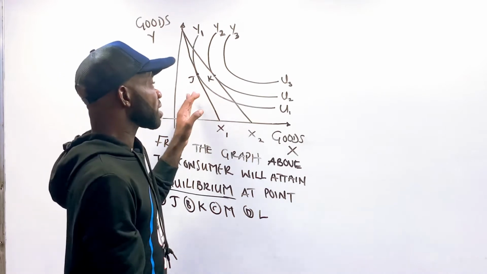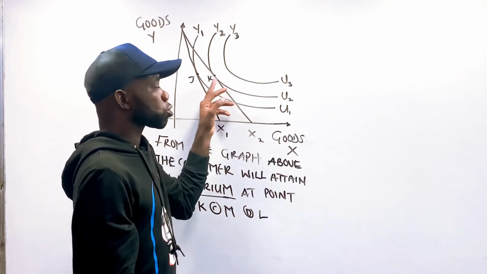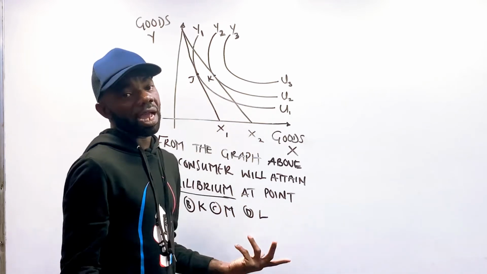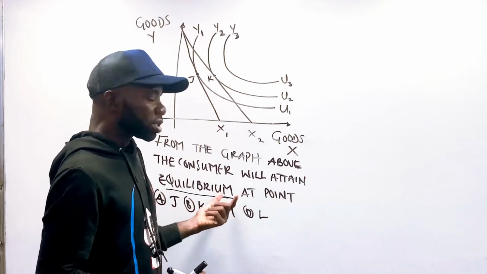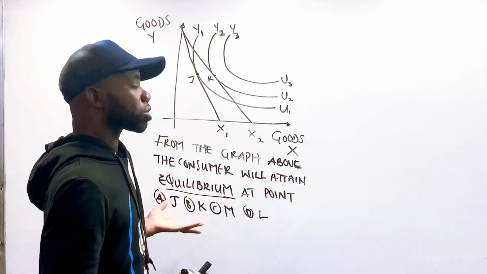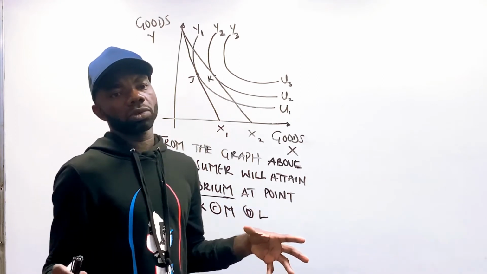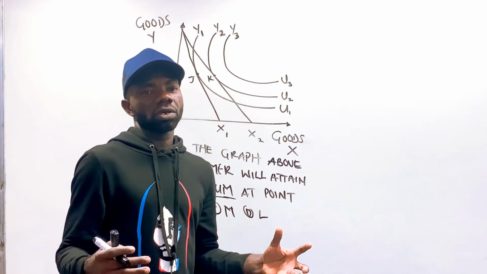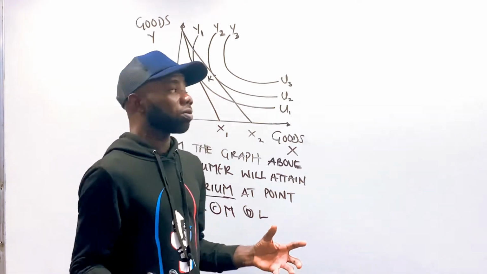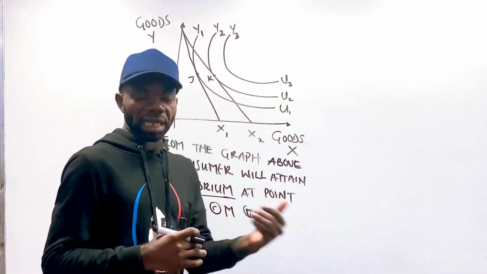And you can see that happened at two spots. So how do we decide the one that will be preferable eventually if this is a question in the exam hall? A rational consumer will want to consume at a higher level of indifference curve, because that's where he or she is going to get a higher level of utility, satisfaction.